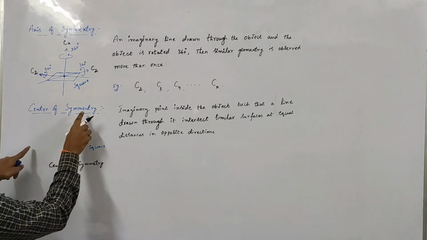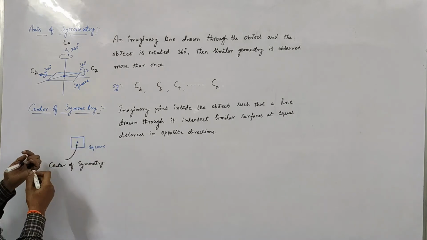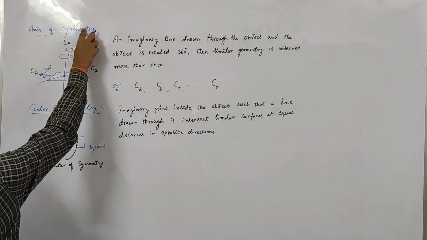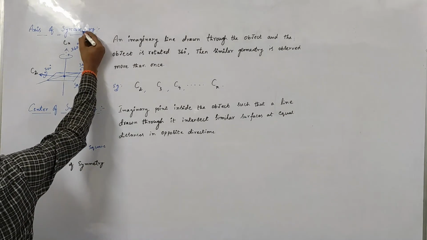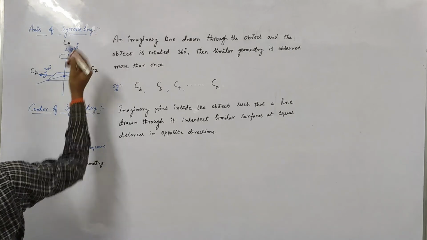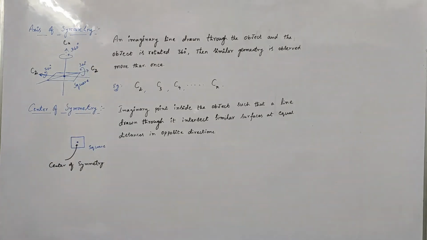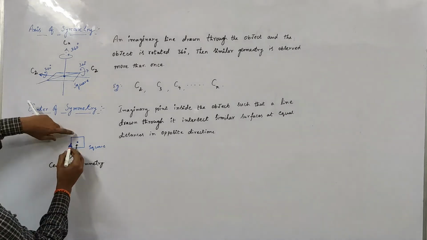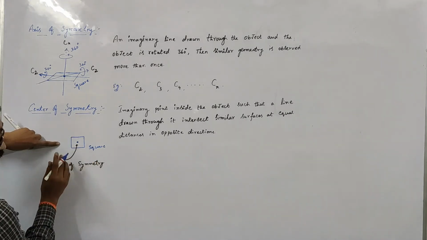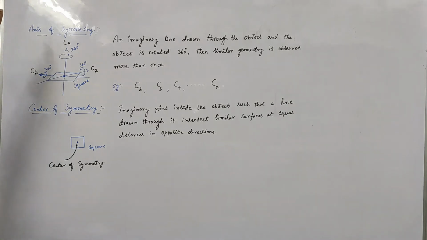You may mark this here or you may remove it. Don't bother about it. But the center of symmetry. Now, if I pass any imaginary line through it, horizontal, C2, no, I am not talking about the axis of symmetry. I am talking only about the center of symmetry.